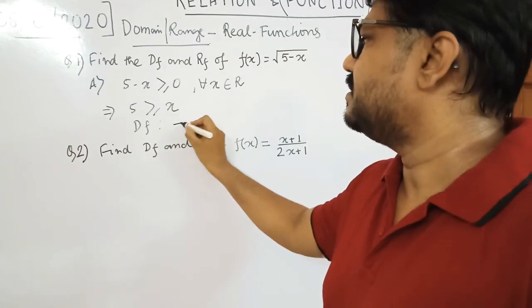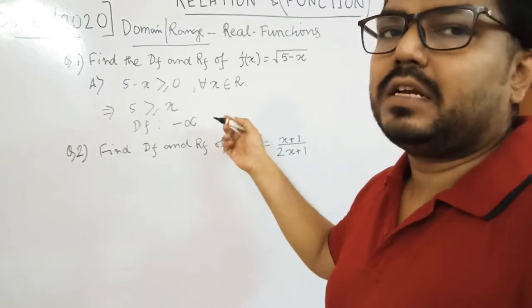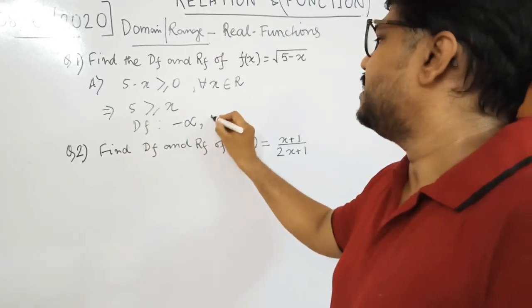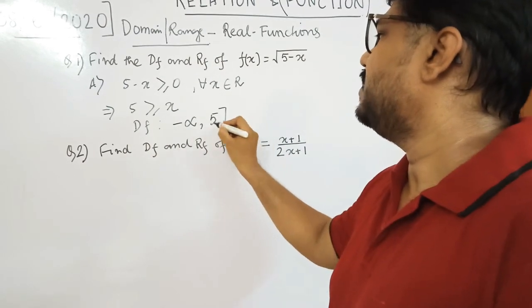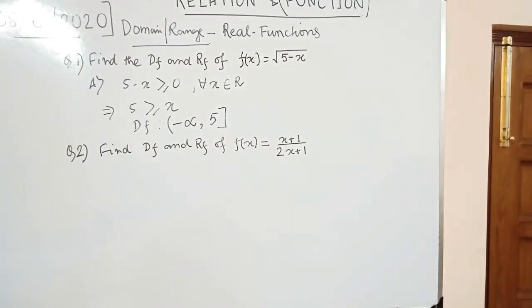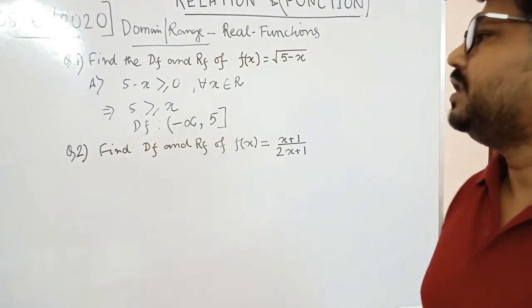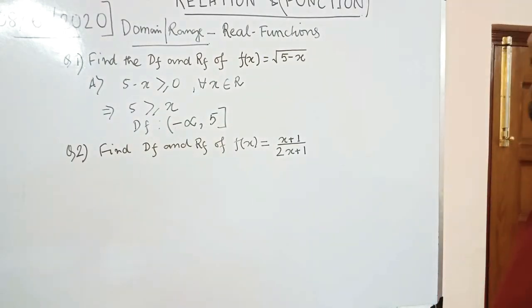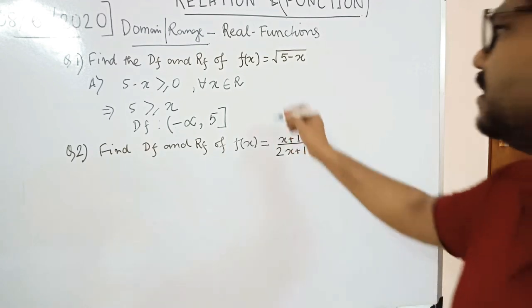That means it may be highly negative, so negative infinity till 5, and it's kind of an open-closed interval. So this is Df, the domain for this particular function.